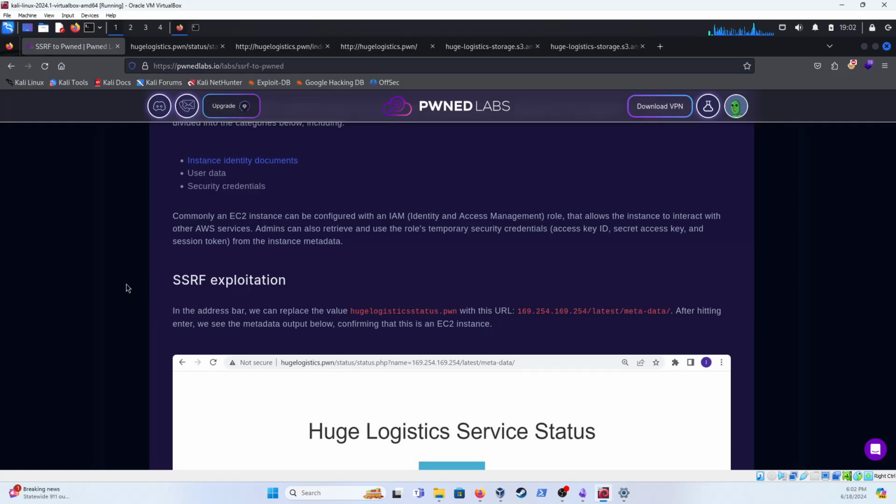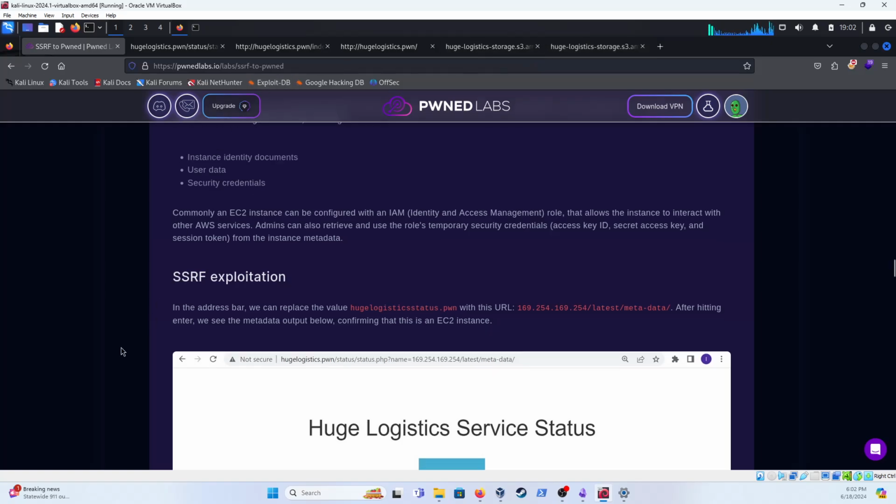Admins can also retrieve and use the role's temporary security credentials, access key ID, secret access key, and session token, from the instance metadata. So that's very interesting. We can use these things to gain more privileges, so then we can possibly access the things we couldn't access before, right?